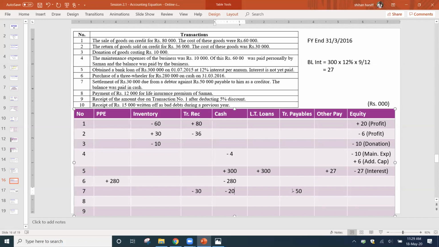Number 8. Payment of 20,000 life insurance premium of someone. Then cash minus 12,000. Capital minus 12,000.